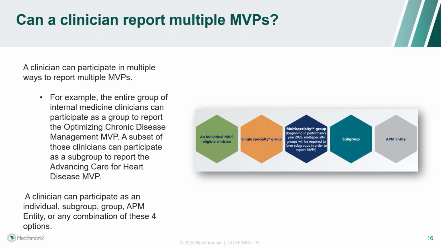And on top of that, if you are in multiple practices, you can report an MVP in all different practices. So for example, the entire group of internal medicine clinicians can participate as a group to report the optimizing chronic disease management MVP, but then you could take a subset of that specialty group and report the advanced care for heart disease MVP.